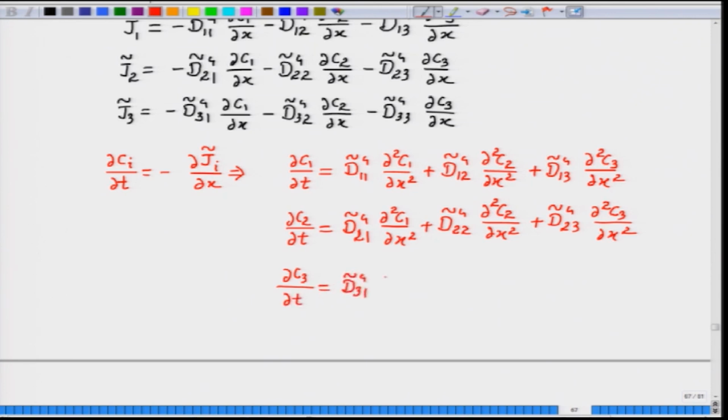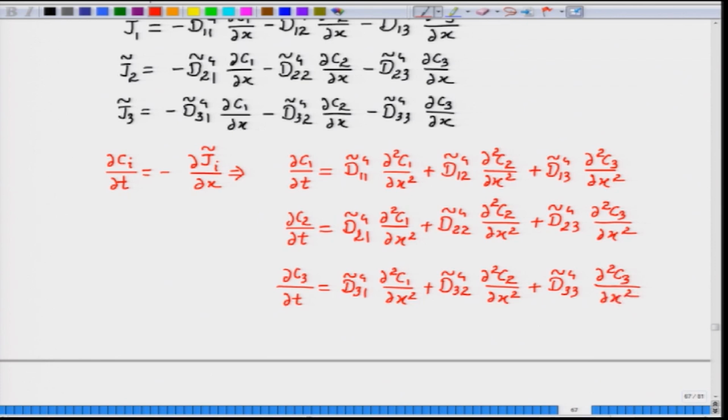D 31 tilde 4 dou 2 C 1 by dou x squared plus D 32 tilde 4 dou 2 C 2 by dou x squared plus D 33 tilde 4 dou 2 C 3 by dou x squared.